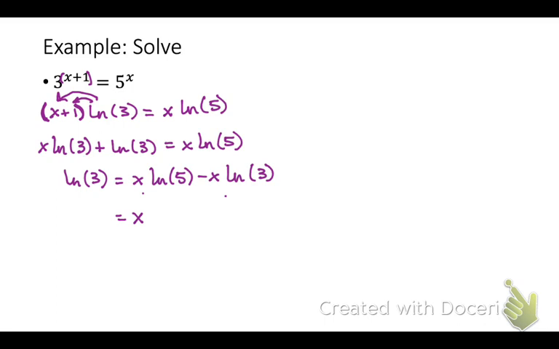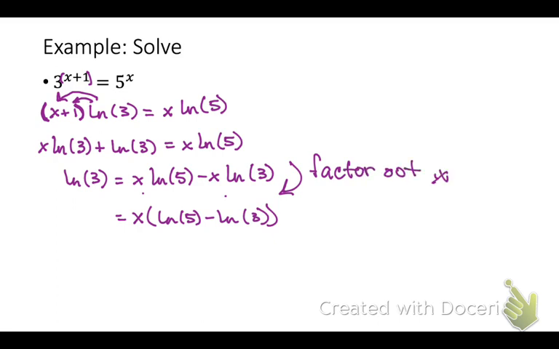So I have x times the natural log of 5 minus the natural log of 3. If you need to write on your notes, write. Factor out the x so you know when you go back and look at them. Because that's the whole point of these, right? Is to be able to reproduce. Okay, now that it's multiplication, I do what?